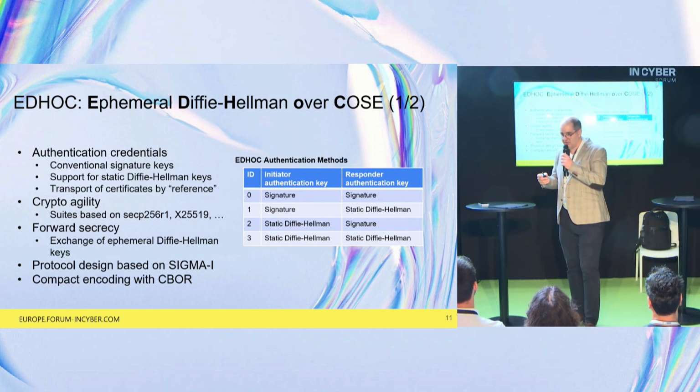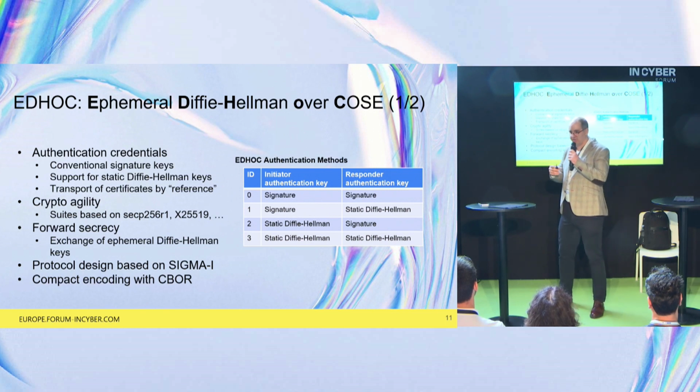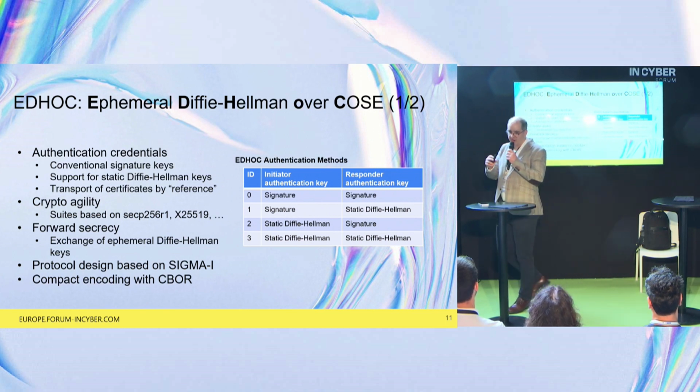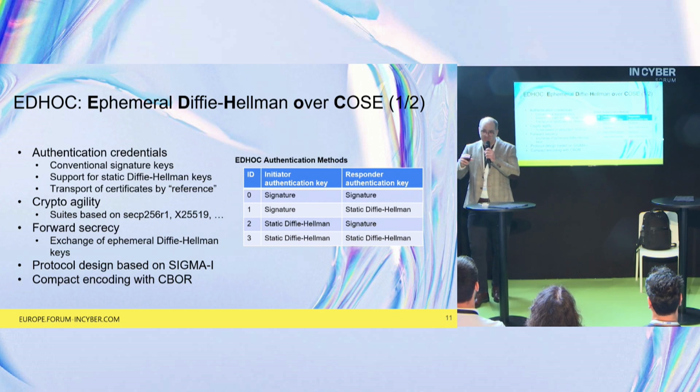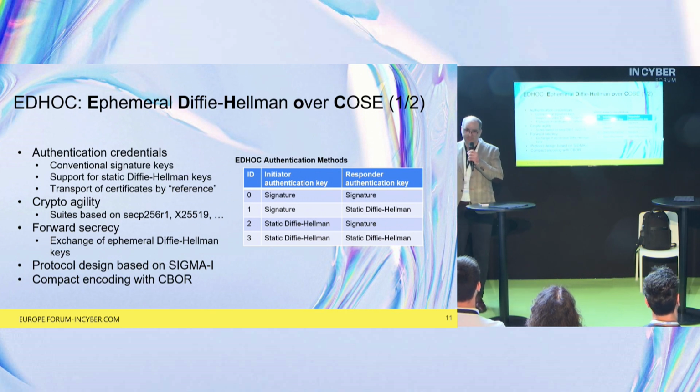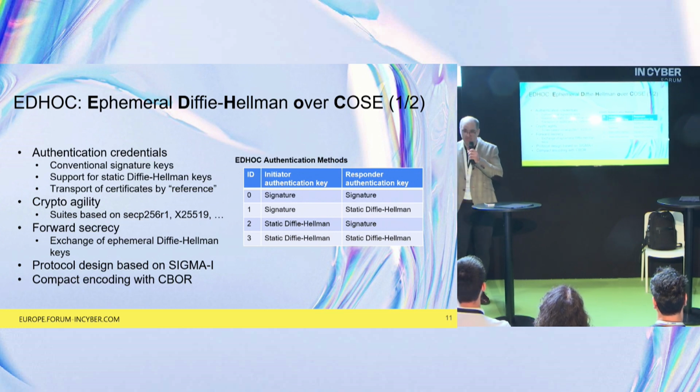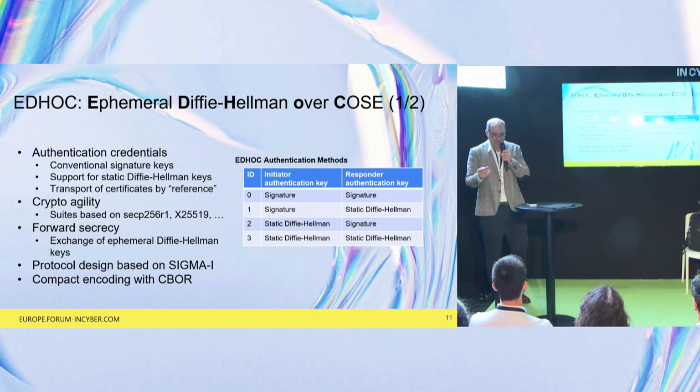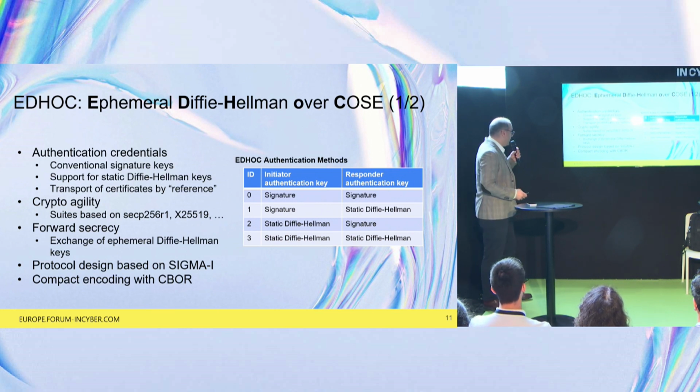But what we did in EDHOC is that we are not transporting the certificate over the wire. We are rather transporting a reference to this certificate that the device can look up locally in a database and fetch. So this means that the heavy certificate, those several kilobytes of data or several hundreds of bytes, depending on the configuration, is not transported over the wire.